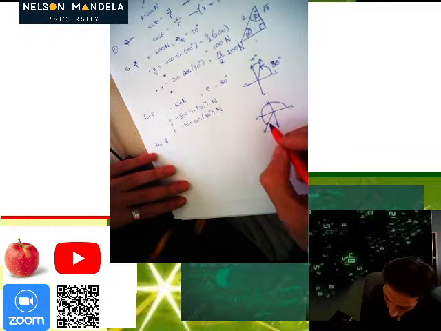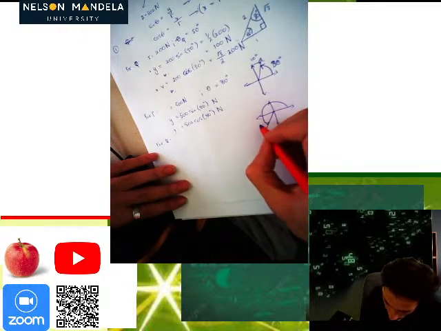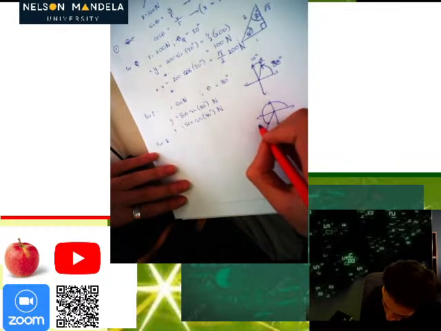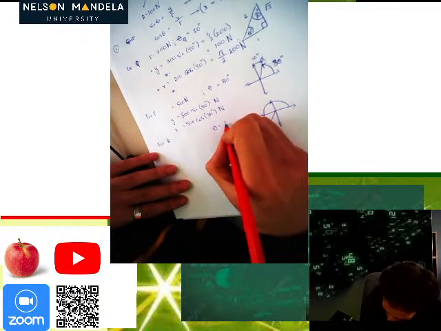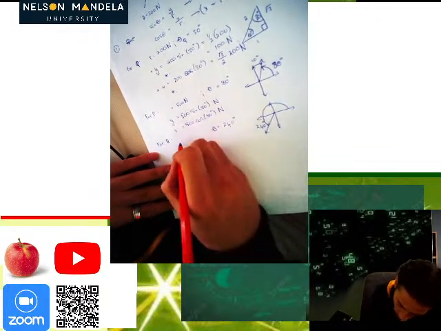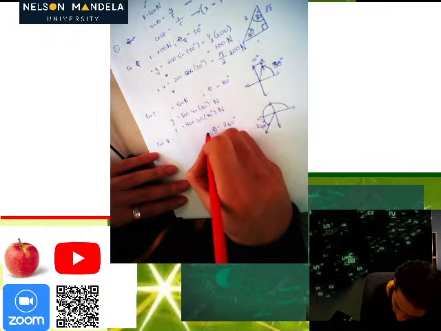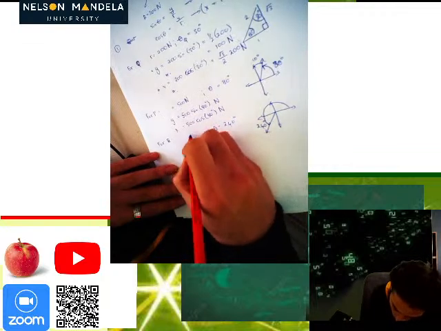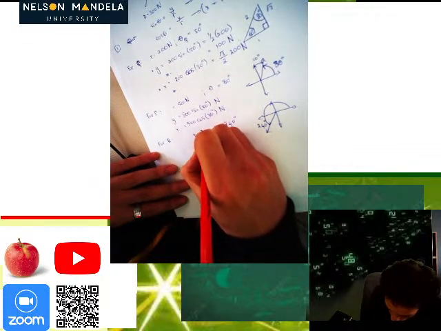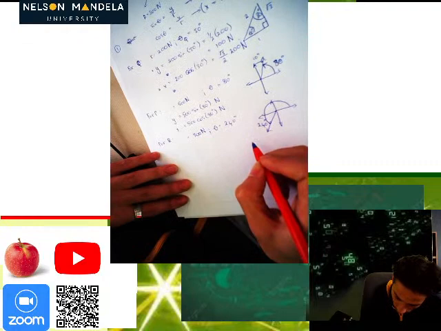Our angle in this instance would be 240 degrees, and our initial value, the magnitude of the force, is 300 newtons.